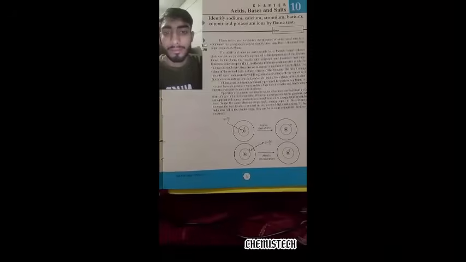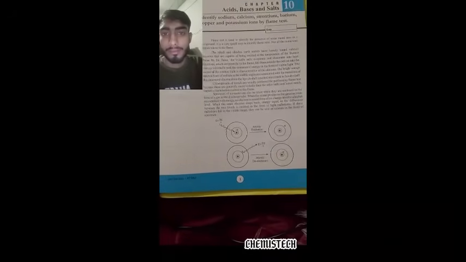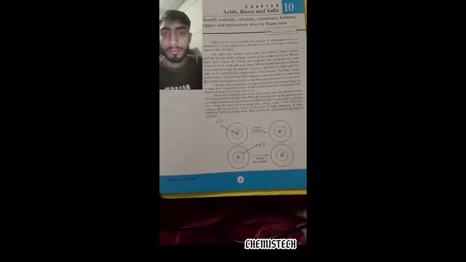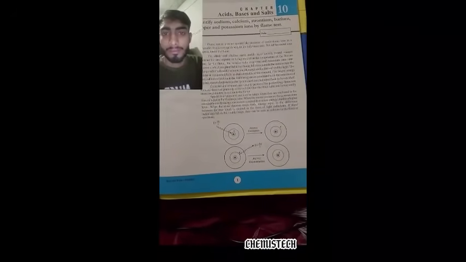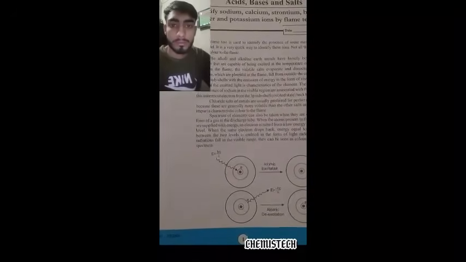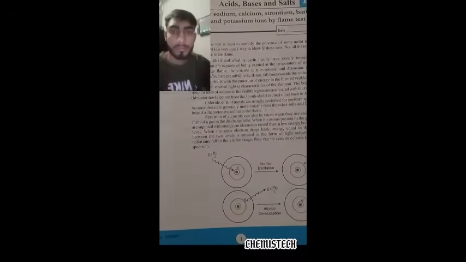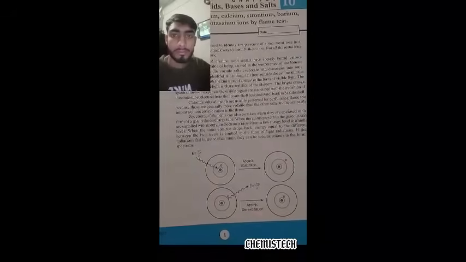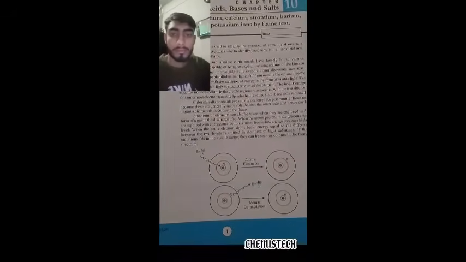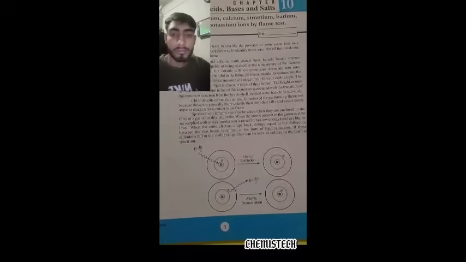Experiment: identify sodium, calcium, strontium, barium, copper, and potassium ions by flame test. Here are the details. The flame test is used to identify the presence of some metal ions in a compound. It is a very quick way to identify these ions.